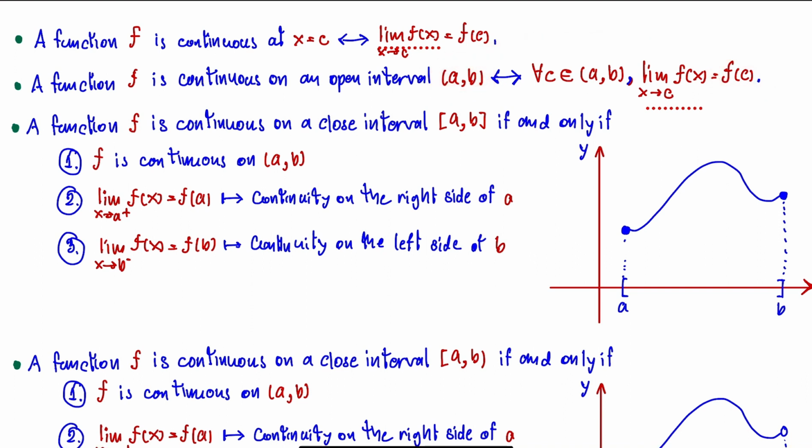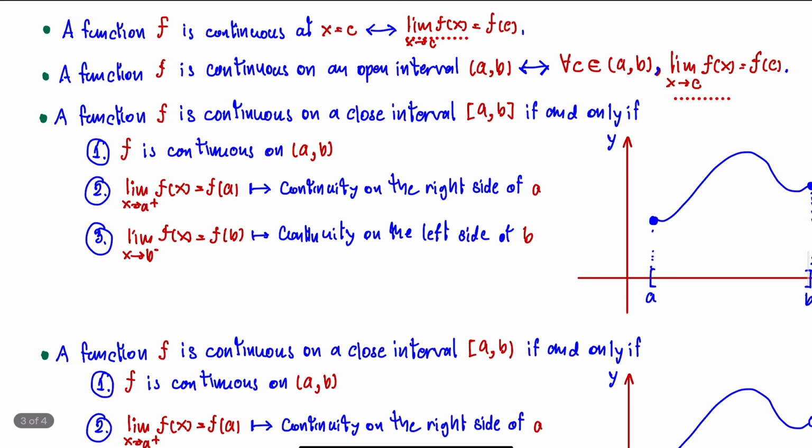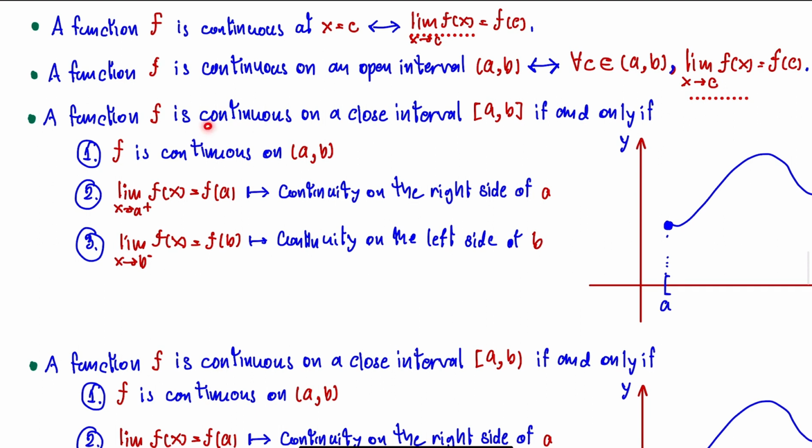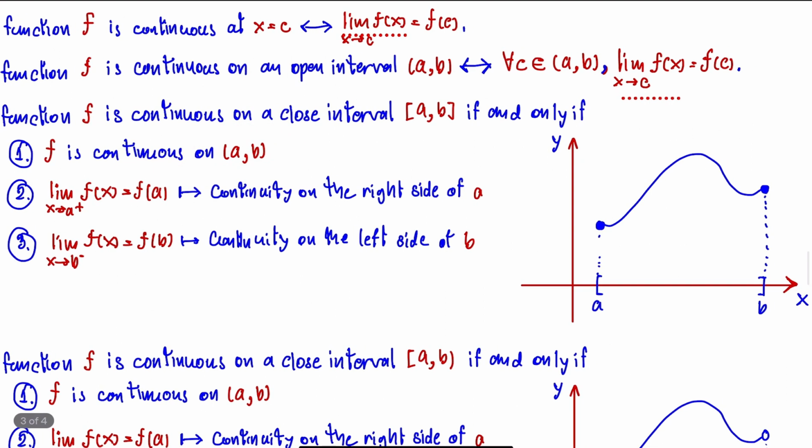And the next thing we're going to find is the continuity where the function f is continuous on a closed interval from a to b. So to have this continuity, the first thing you have to have is f is continuous on the open interval from a to b. And there are two things that you have to do.